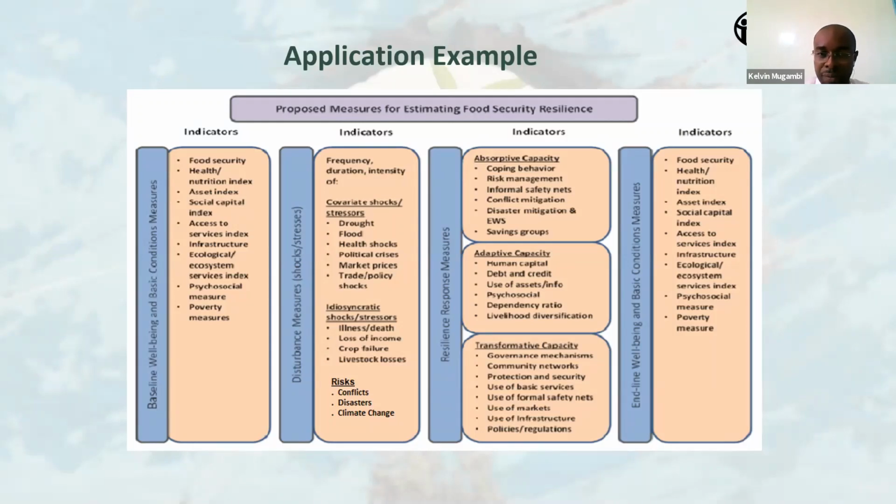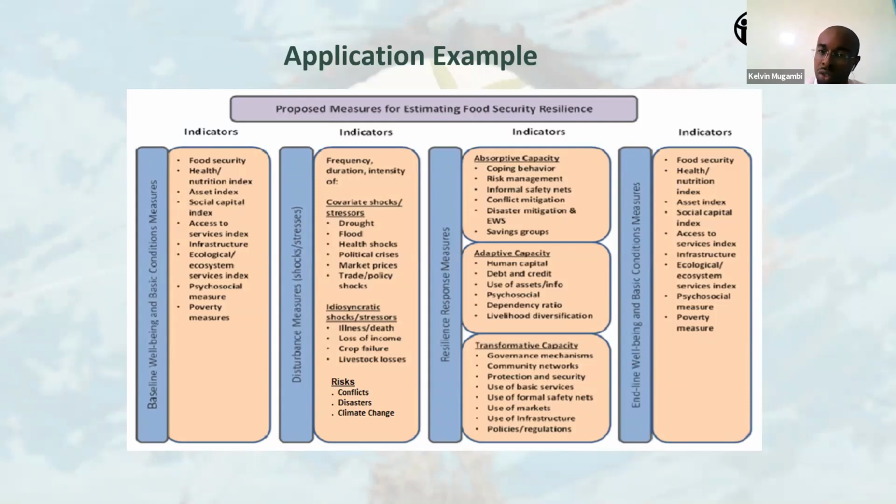Here we look at three key capacities, the first being the absorptive capacity. I think these particular capacities were well covered during the first part of our webinar. Here we are going to look at indicators on coping behavior, indicators relating to risk management, and indicators relating to informal safety nets that exist in the community.